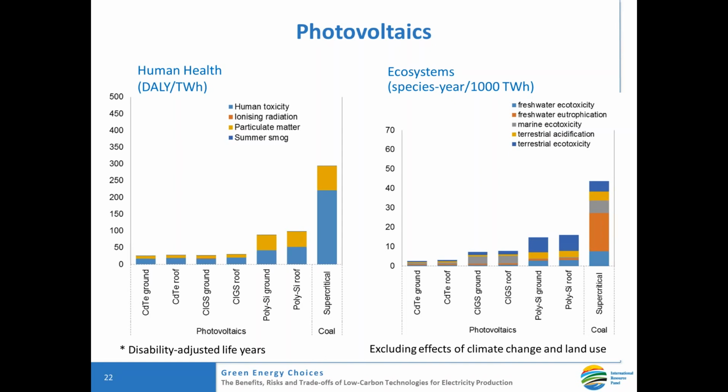The other types of solar cells are basically thin film solar cells, and they have had some gain in market share, but it's still the silicon solar cells that are dominant in the market. We see very little difference in terms of environmental impacts between ground-mounted and roof-mounted solar cells.